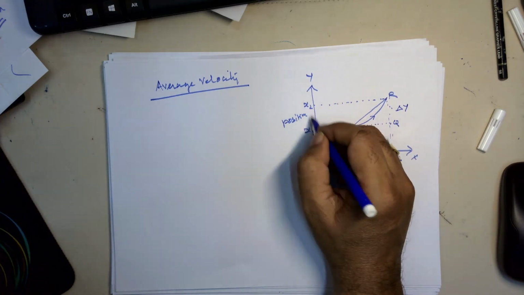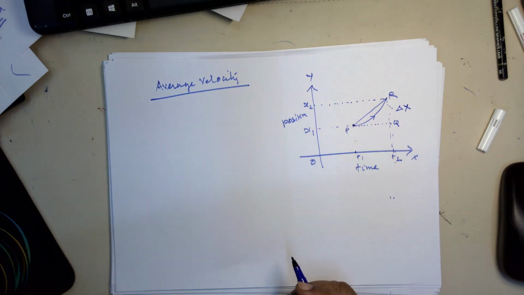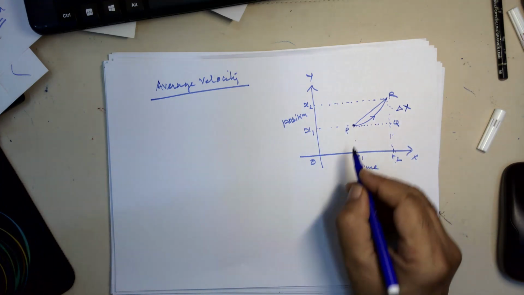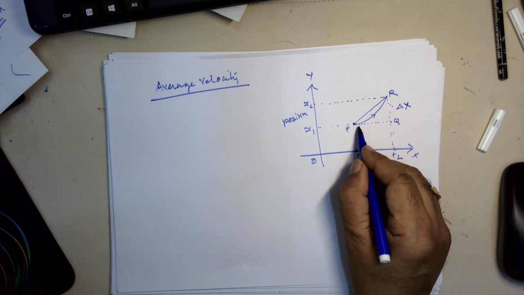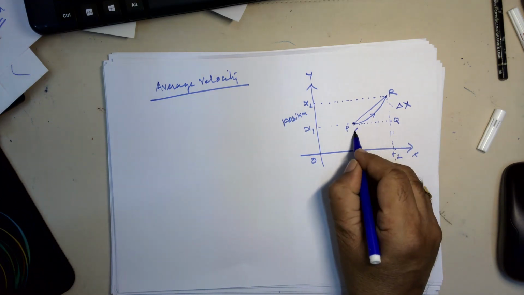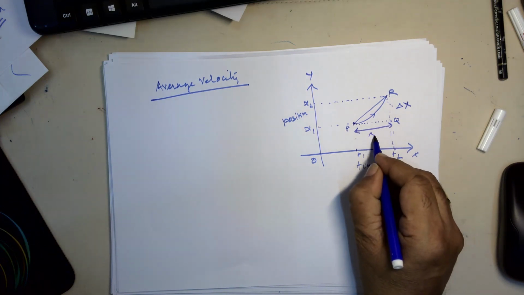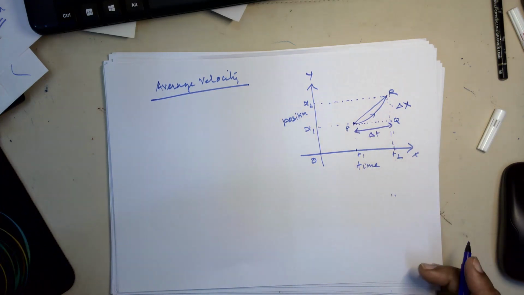In this case, I have taken this as x, so you can put delta x. And the distance between P and Q on the time axis, what is this? Delta t, right?